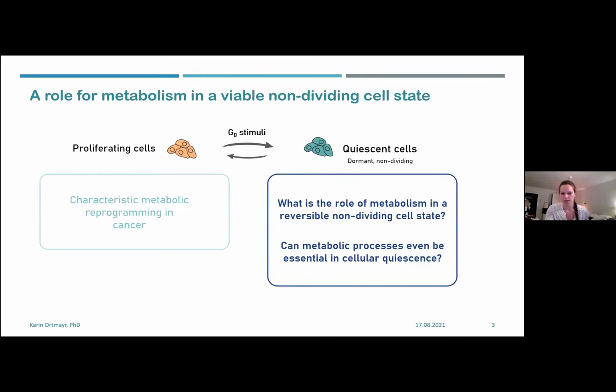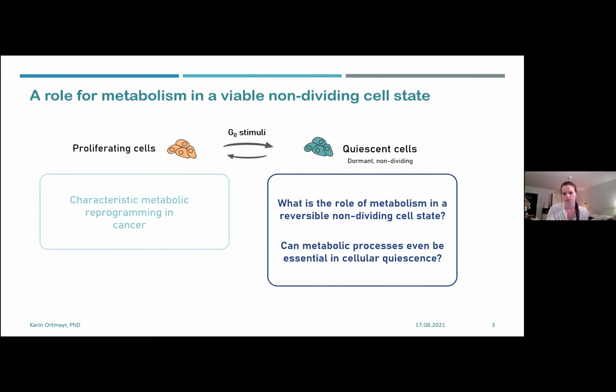And I think in part this comes from the fact that for many years, the primary perspective on cancer cells was that of rapidly dividing or proliferating cells that are really needed to sustain very fast tumor growth. And this has been an extremely successful research perspective, because it has uncovered many key aspects that were eventually implemented in treatments, including the fact that metabolism is very characteristically changed in cancer cells and is crucial for these cells to sustain this rapid growth.